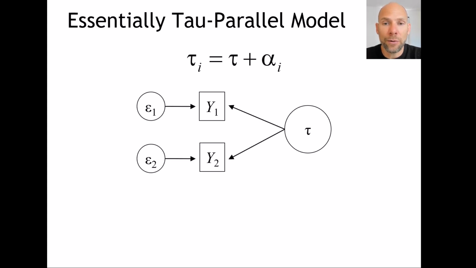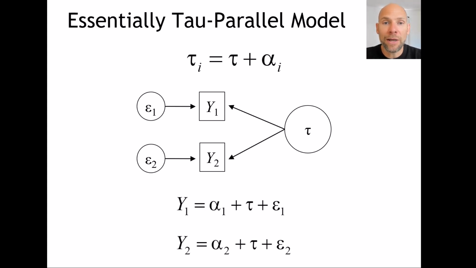So still the loadings are fixed to 1 and therefore are not shown in this path diagram, and the additive constant or intercept here, alpha i, that would differentiate each individual true score variable from the common true score variable, is also not shown in this path diagram because alpha i refers to the mean structure, and so in this path diagram I did not include a representation of the mean structure.